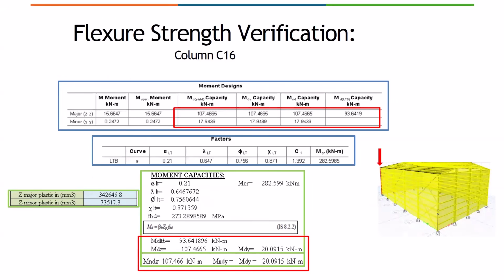So coming to the flexural strength verification for column C16. The program reports the yield capacity, MDV capacity, MND, and the MDLTB, which comes from the lateral torsional buckling.